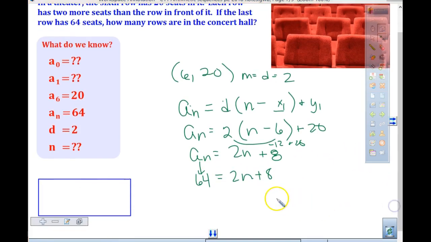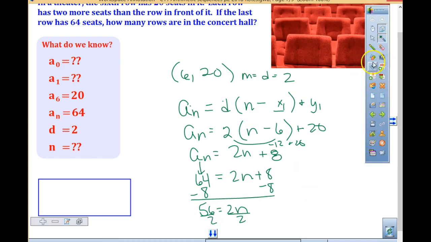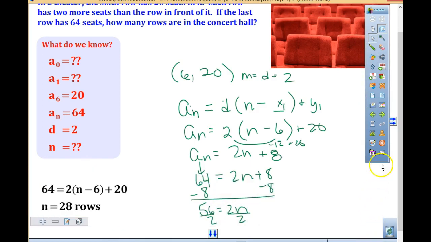We are now going to subtract 8 from both sides. We should get a solution of 56 = 2n. And if we are solving, we should be able to tell that there are 28 rows.